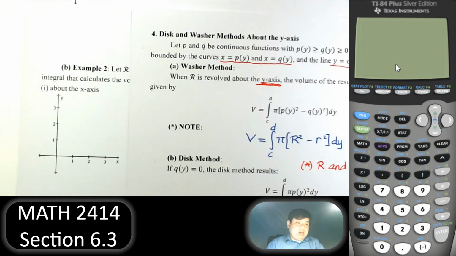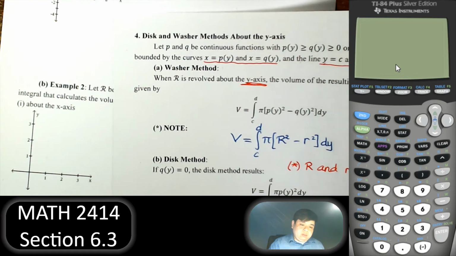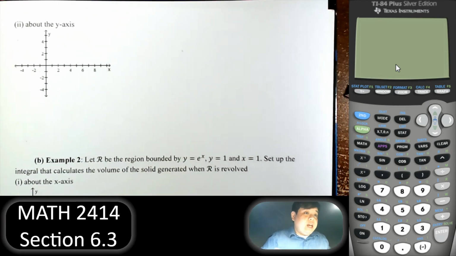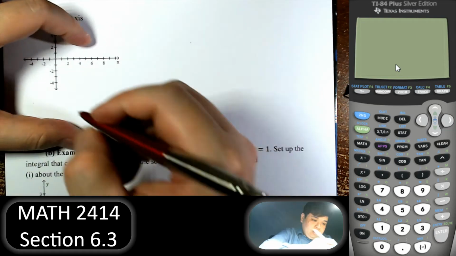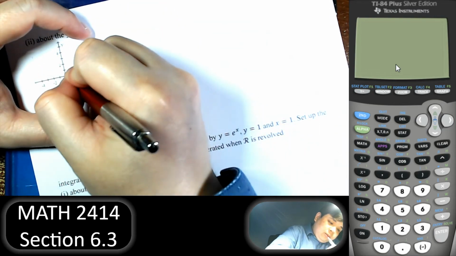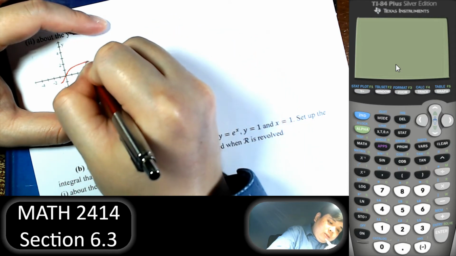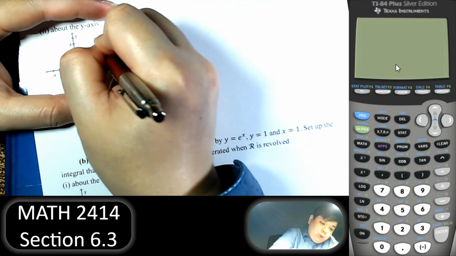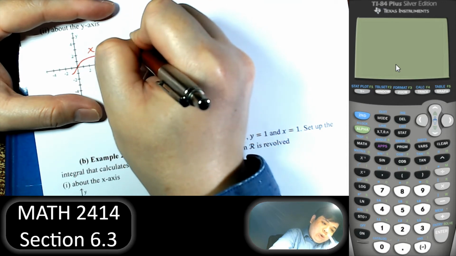Now what happens if we rotate that about the y-axis? Still the same thing though. So either we say x equal to y cubed or y equal to cube root of x.